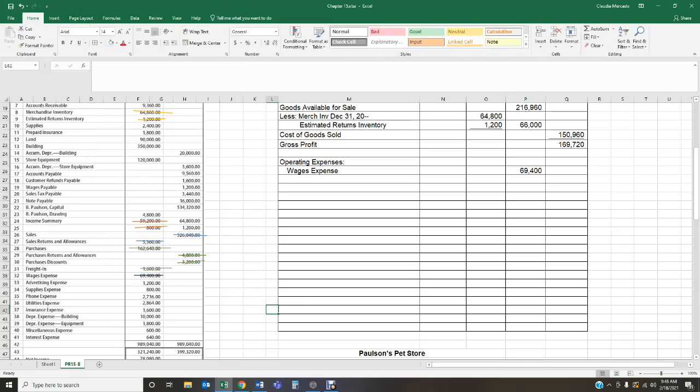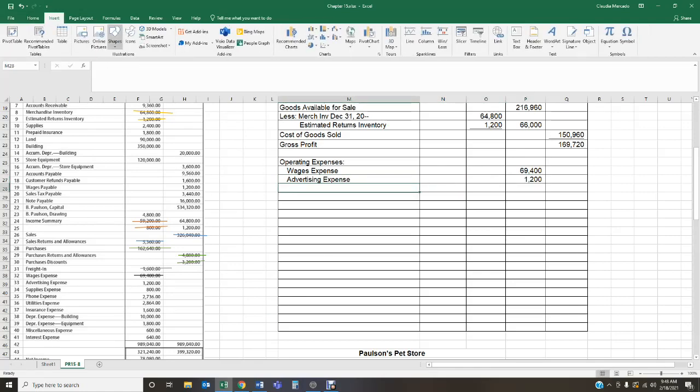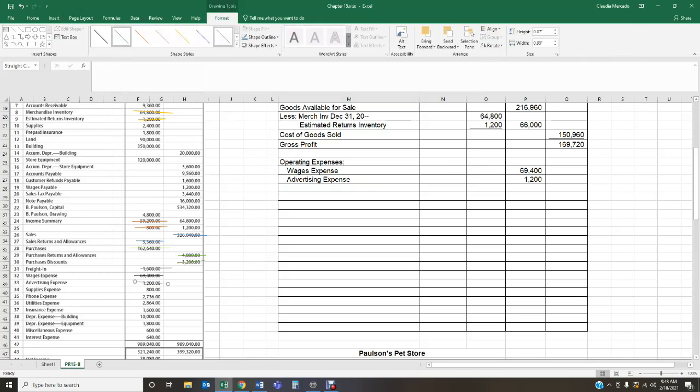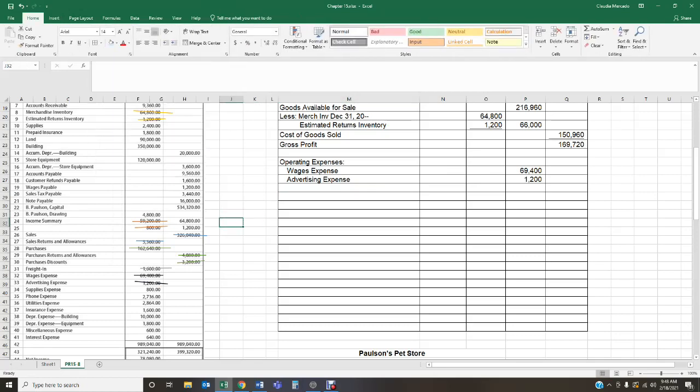Next we have advertising expense. My advertising expense is $1,200. So we're going to list all of our expenses down here. Then we have supplies expense. My supplies expense is $800.